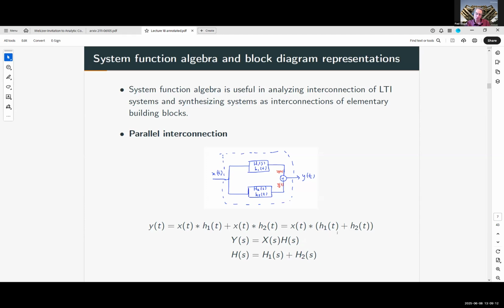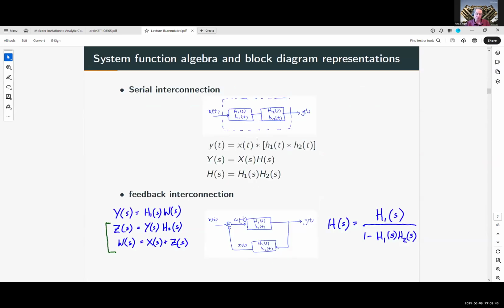In particular, for parallel concatenation, the overall impulse response is going to be given by the sum of the impulse responses, and the overall transfer function will be given by the sum of the corresponding transfer functions.